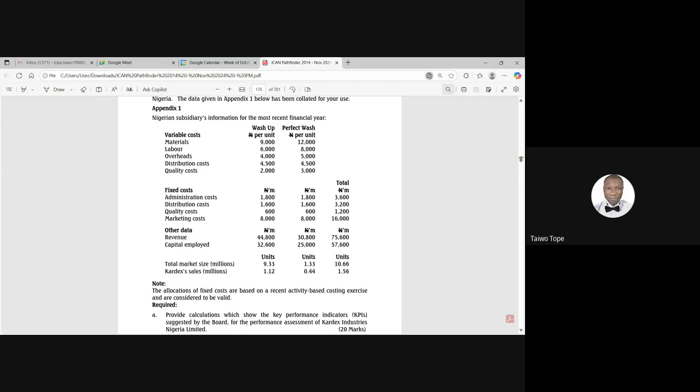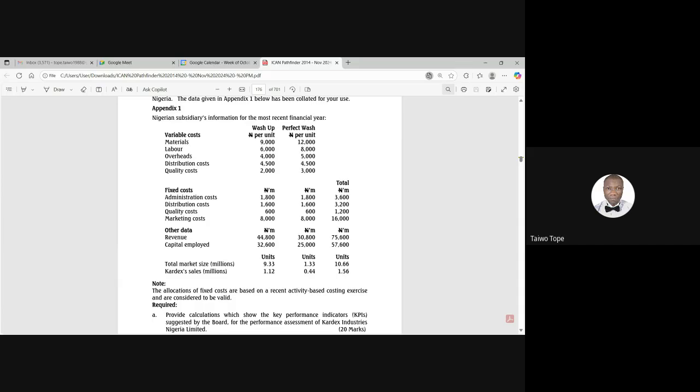Now, other data, revenue. This is your sales, right? Your capital employed, you see it. Now, they're not giving you total market size in value. This is units in millions, not per unit. This is Cades sales in millions overall. But this is the sales in units in millions, not in naira value.